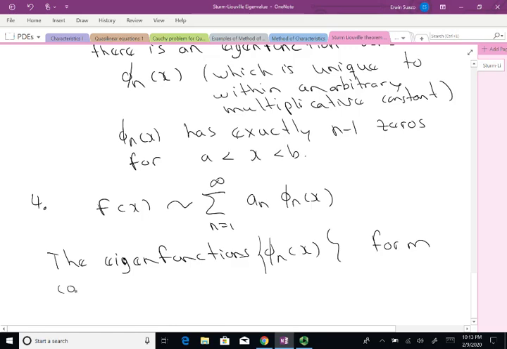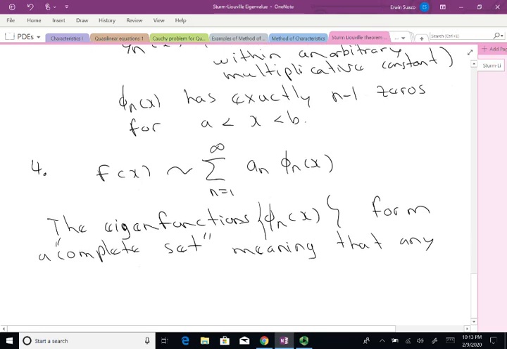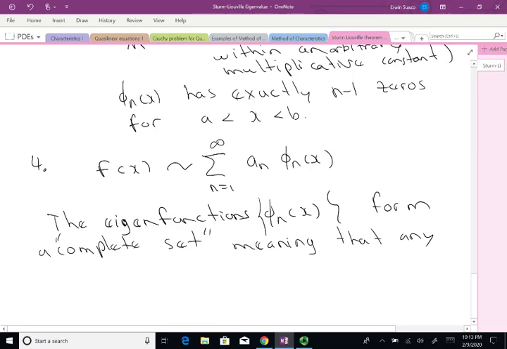It means that any continuous function, we proved this, remember, but more than that, any piecewise smooth function.